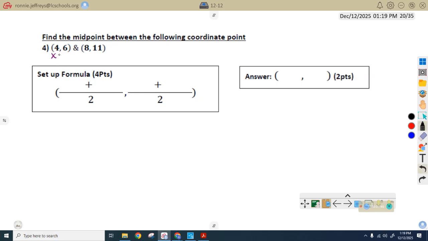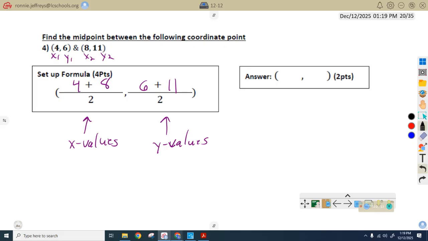Alright. X1, Y1, X2, Y2. X values go here. Y values go here. That means that 4 and 8 go here, 6 and 11 go here. Now, you can do this in a calculator. No, don't do it all at once.